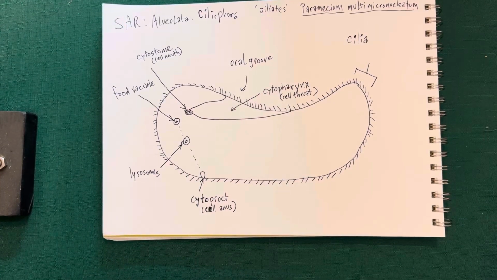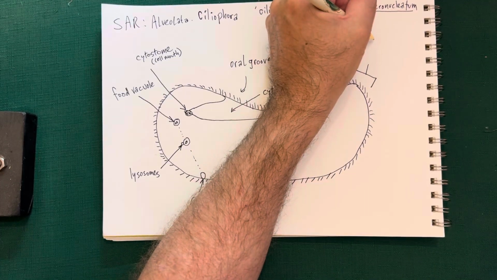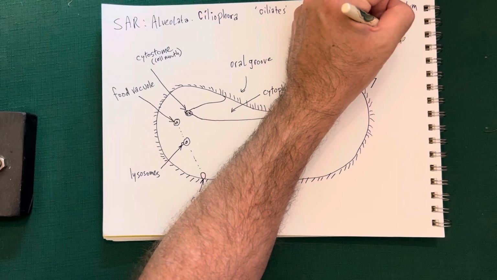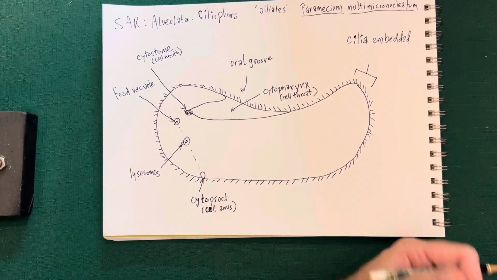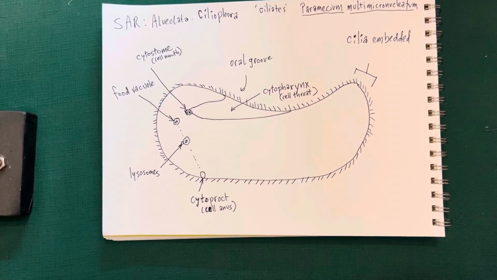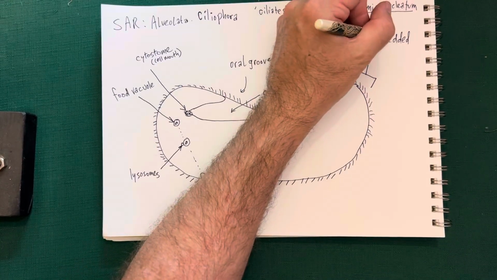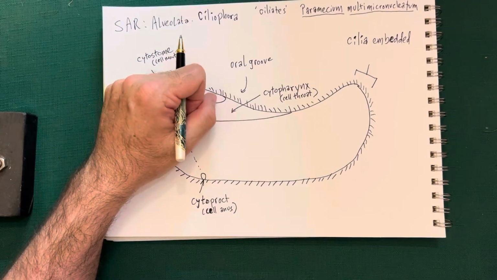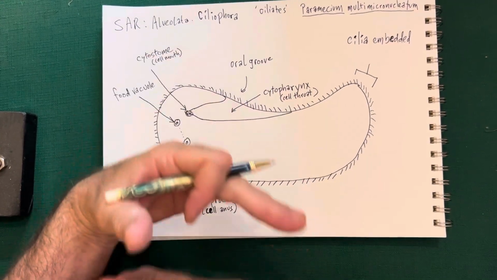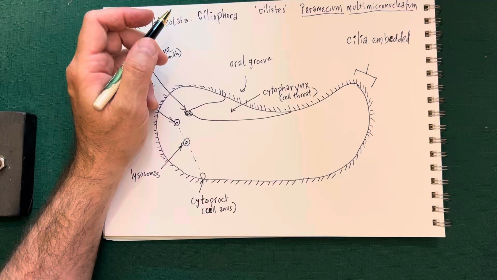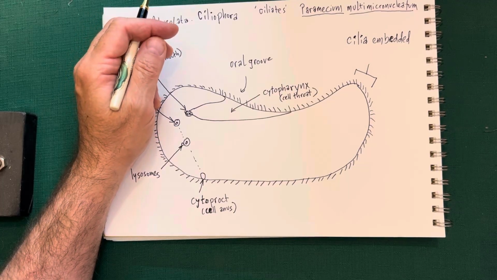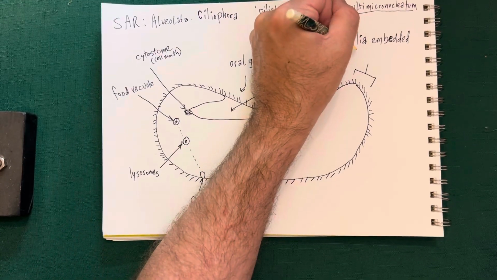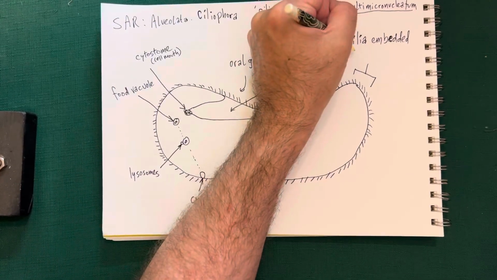So we do have ciliates that have cilia, and the cilia are embedded in a complex series of membranes. So it's not just one plasma membrane and then the environment. There's actually several layers of the membrane, and they're so complex that they've been analogized to being like a little cellular skin.